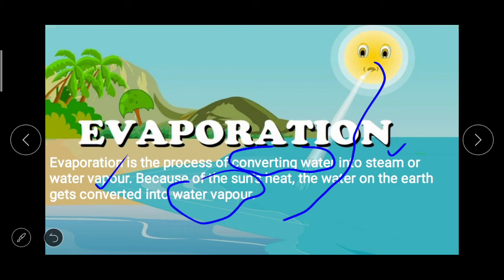And the process of evaporation is dependent on the dryness, temperature and speed of the wind. But in simple words, just keep in mind that the conversion of water into steam due to the sun's heat is evaporation.